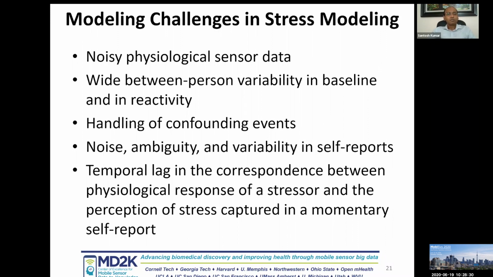Then, as I mentioned, we have several confounding events that can also excite physiology. And how do we isolate the effects of those confounding events? Then, when we are comparing with self-report, there is noise, ambiguity, and variability in self-reports. And then I talked about the temporal lag in the correspondence between the physiological response to a stressor and the perception of stress that is captured in momentary self-report.